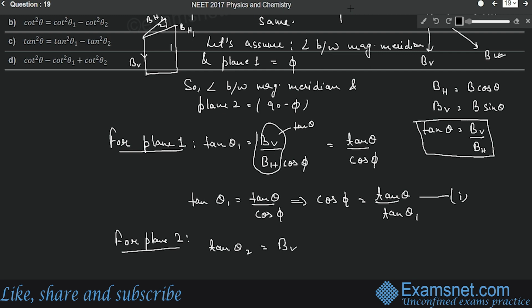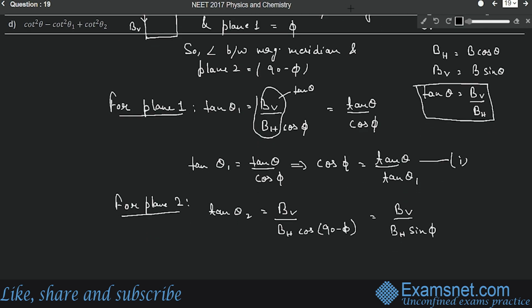We have seen that the vertical component remains the same, divided by the horizontal component. The horizontal component for the second plane will be BH cos 90 minus phi. We have already seen why. So this can be written as BV by BH sin phi, because cos 90 minus phi is equal to sin phi.